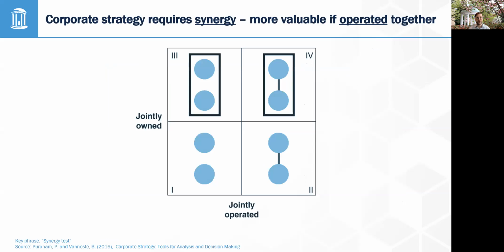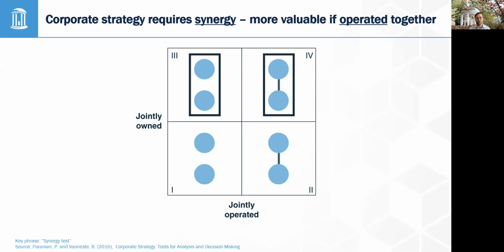So corporate strategy, we're moving beyond corporate advantage now. Corporate strategy requires synergies. It's about businesses or business units being more valuable when operated together. You can see from this figure that joint ownership is a separate question from joint operation. So you can have joint ownership without joint operation, or joint operation without joint ownership.